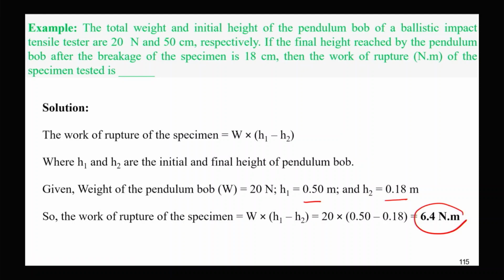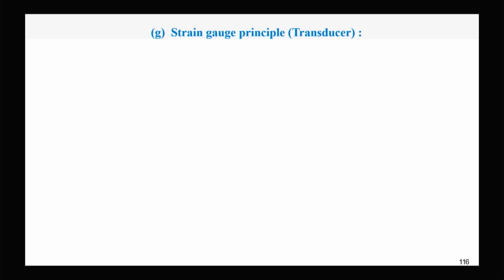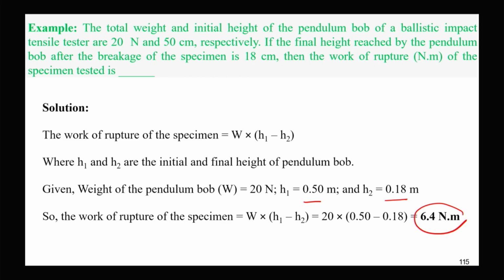Next numerical. Here you can see, in this case if we want to calculate the total swinging angle, my initial height is 50 and final height is 18.